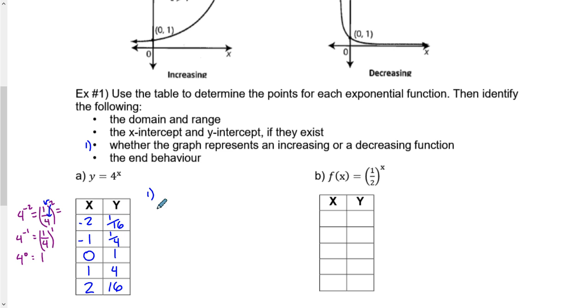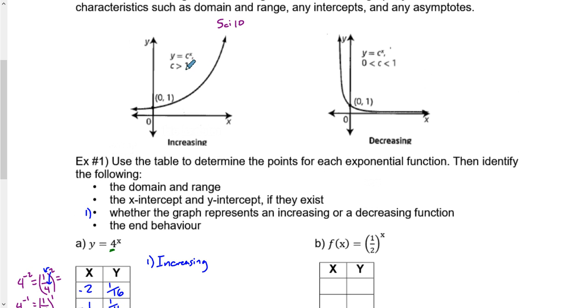Well, obviously, you can tell that this is going to be increasing. Why? Because the y values are increasing as you move along the x-axis. At the same time, we could also look at what our base is. That base of 4 being greater than 1 means we have an increasing graph.